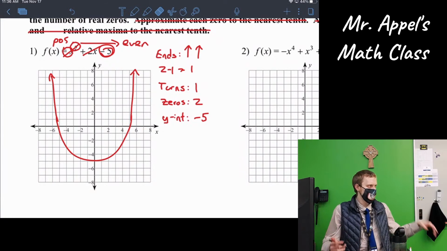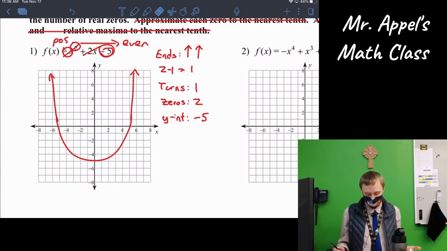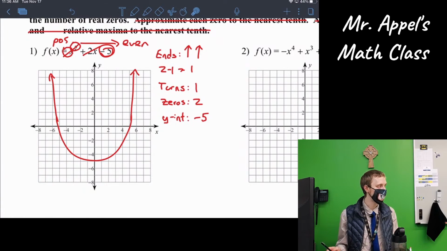There. Parabola sketch. Does that match with what we would have expected from what we know about parabolas? Absolutely. Positive, opens up, U shape, both go in the same direction. It checks out. The only question is, where did these guys land?